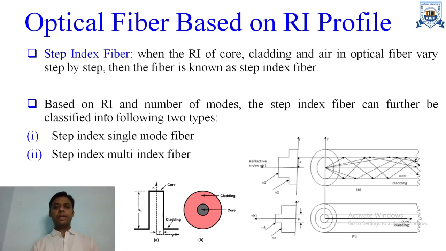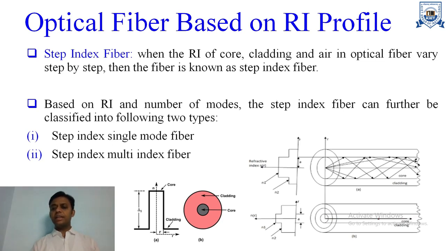Based on refractive index and number of modes, the step index fibers are further classified into two types: step index single mode fiber, as you can see here. In these fibers, the core diameter will be around 10 micrometer, so at a time only one mode is transmitted.